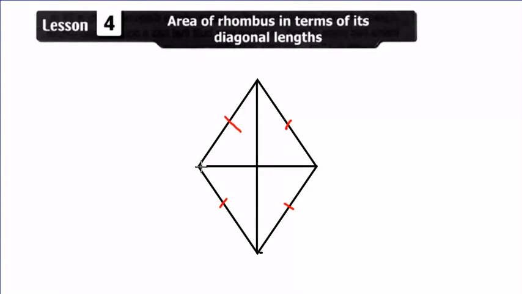We know that the two diagonals are perpendicular, okay? Perpendicular means they make right angles.